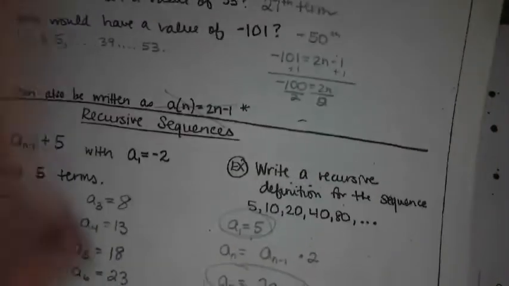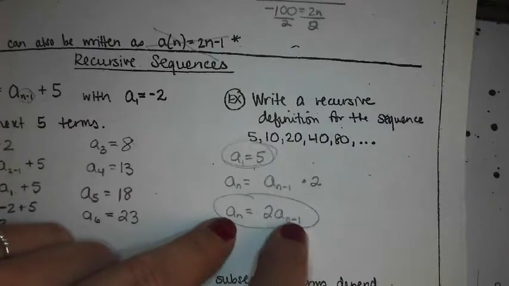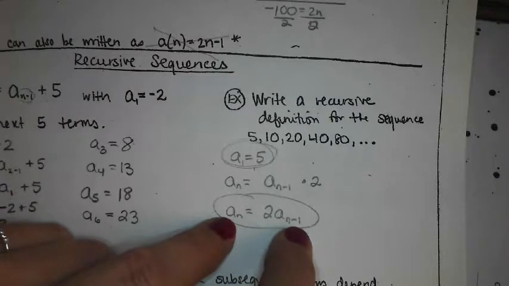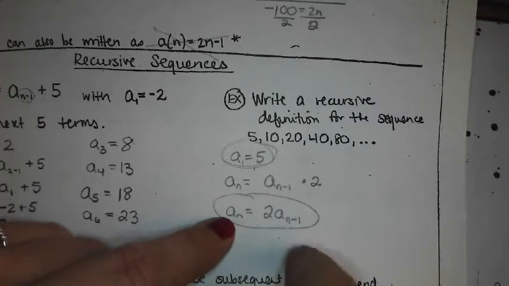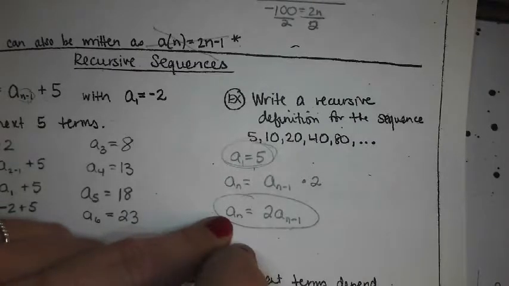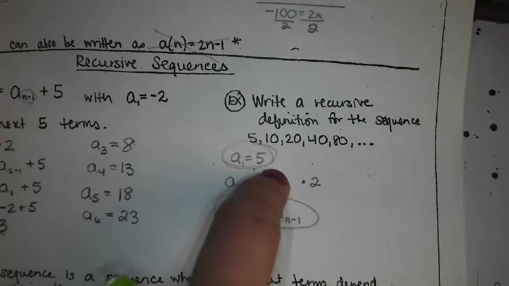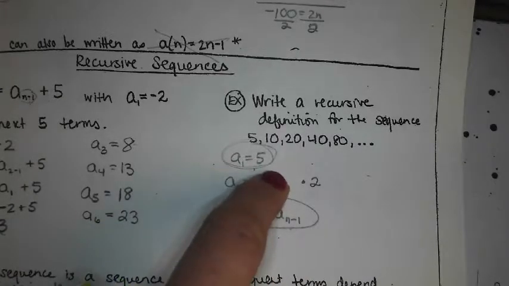Recursive formulas are tough because if I want the 100th term, if I just plug in 100, I'm going to get 2 times the 99th term. So I can't figure out the value unless I know the 99th term. And I don't know the 99th term without figuring out the 98th term. And so on and so forth back till I get to my known value. So recursives can be a nightmare.